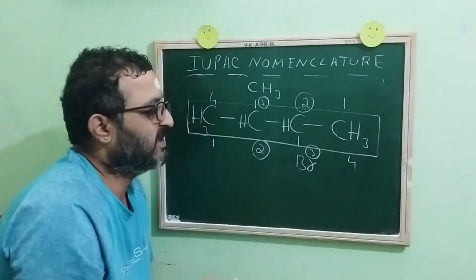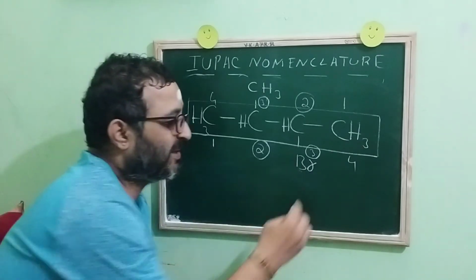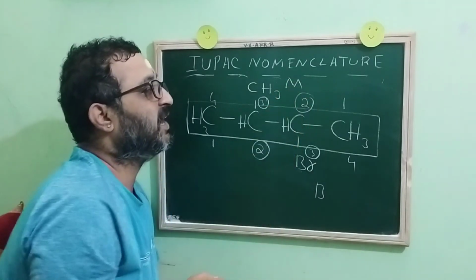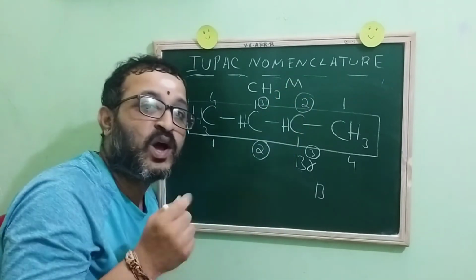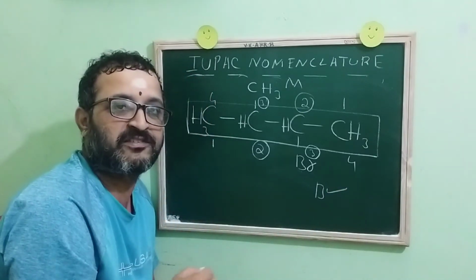Yes, we have one more option. What is that? When we say ABCD, bromo starts with B and methyl starts with M, which one will come first? Obviously, B will come first.